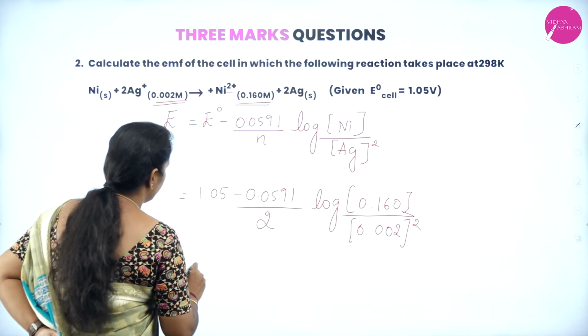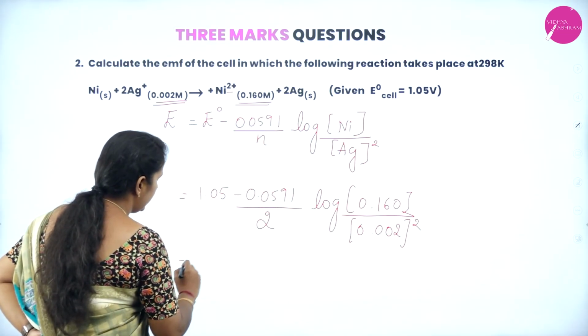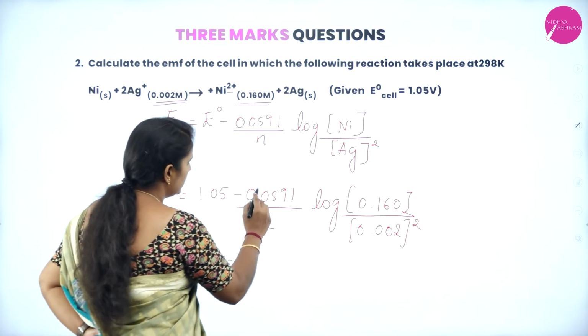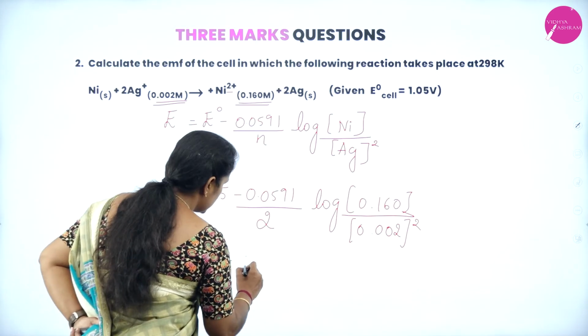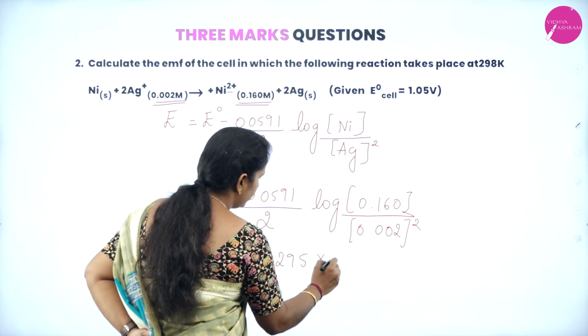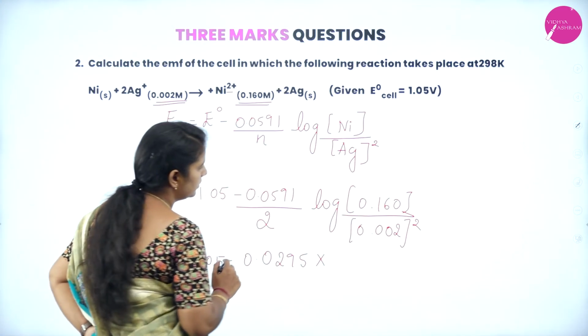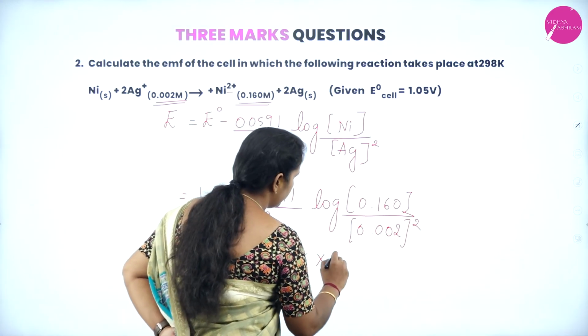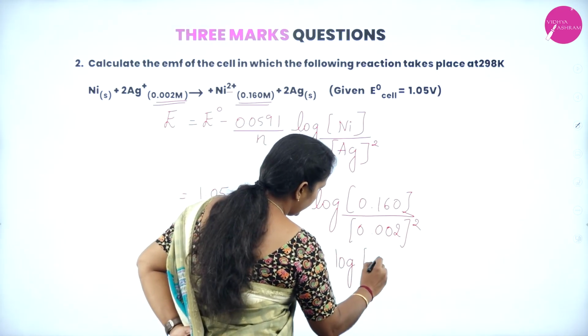So, now if you do it, you will get 1.05 minus 0.0591 divided by 2, that is 0.0295, into log of, if you multiply this and do the division, you will get 40,000.